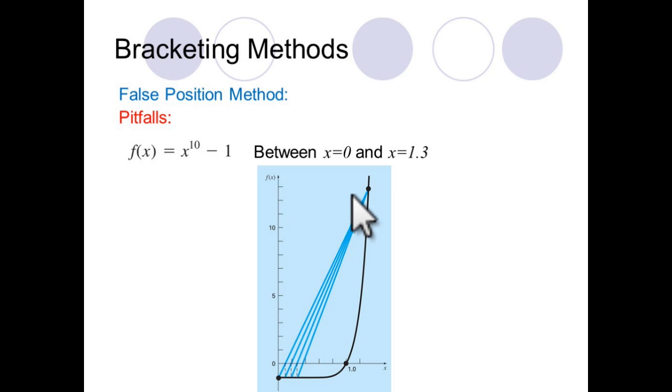Our next bracketing method is the false position method. Remember what the false position method is. We draw a straight line which connects the lower bound and upper bound, and we find the position where it crosses the x-axis. Certainly you can use different approaches. You can use analytical geometry, or you can use the similarity of these triangles, and you arrive at this expression: XR is equal to XU minus some expression.